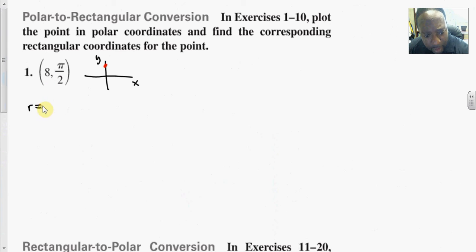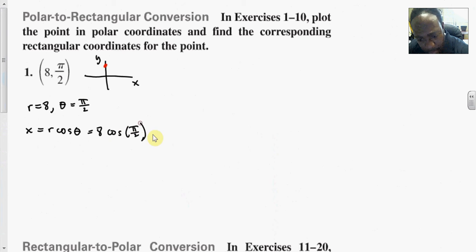So if r is equal to 8 and theta is pi over 2, then x is equal to r cosine theta. So this is 8 times cosine of pi over 2. Well, cosine of pi over 2 is 0, so this is 0. Now y is equal to r sine theta, so this is 8 sine of pi over 2.